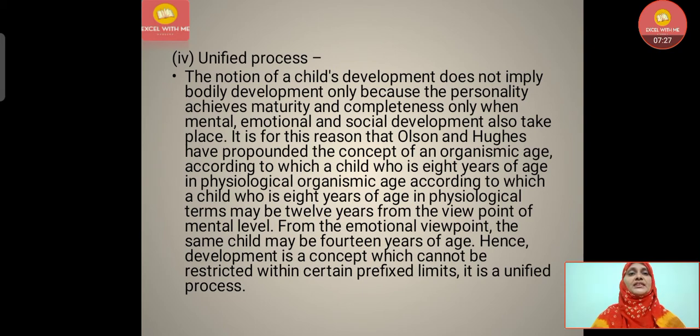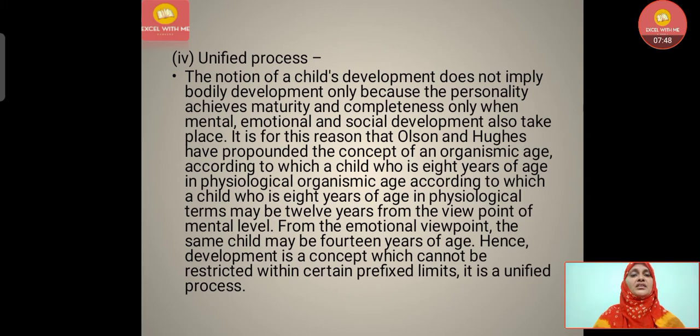The next one is the unified process. The specific principle of development is a unified process. The notion of a child's development does not imply bodily development only, because the personality achieves maturity and completeness only when mental, emotional and social development also take place.